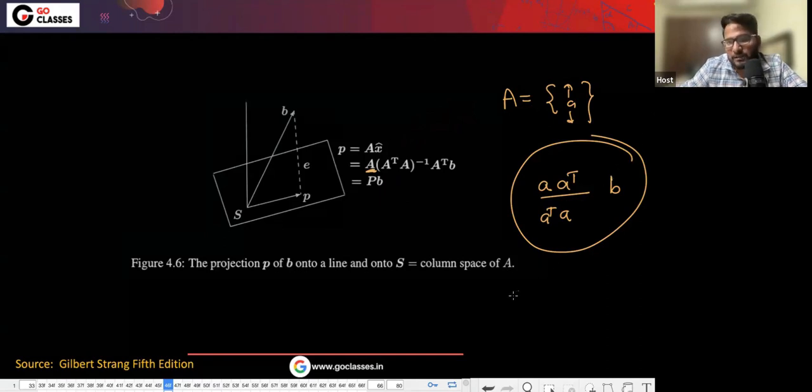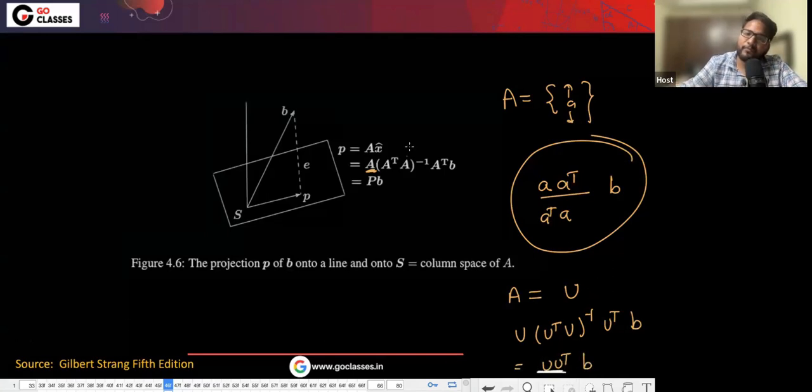The special case that we have seen, one more, which was A is just U, right? In that case, the projection matrix will be U into U transpose U inverse U transpose B. So this is identity, which is U transpose into B, U transpose, right? So this is also something we have seen earlier. So basically, this is the final matrix that we have with us.